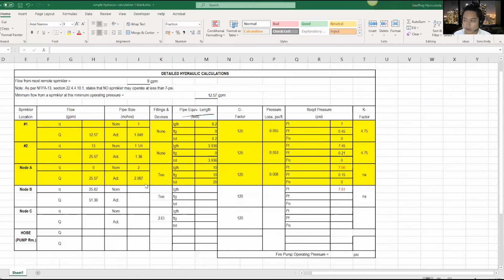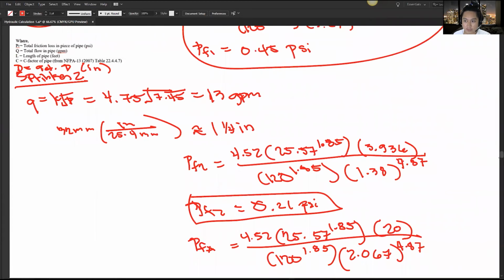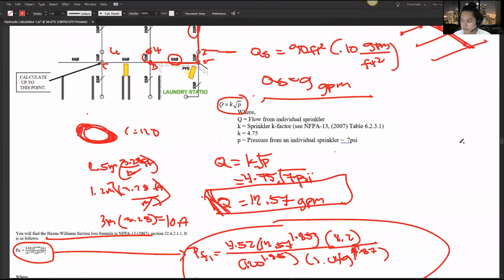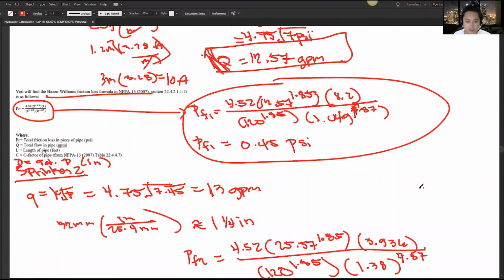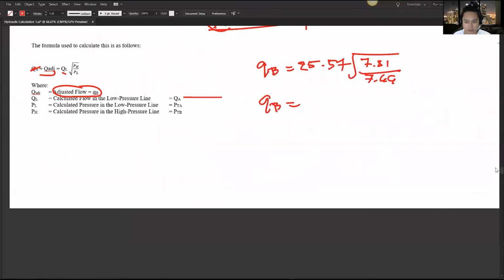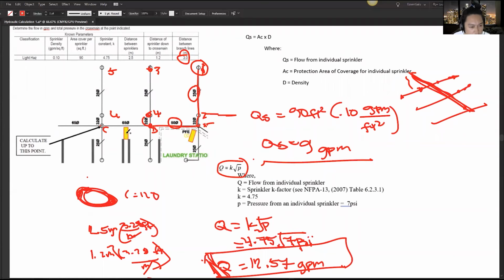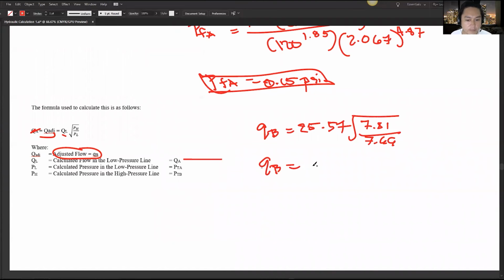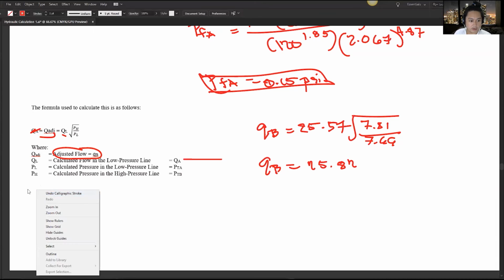Now the nominal size of our pipe from node B to node C is 65 mm. I've done the math earlier already.